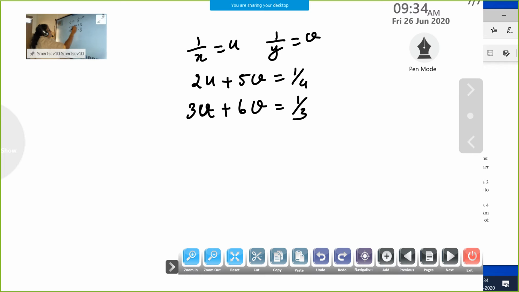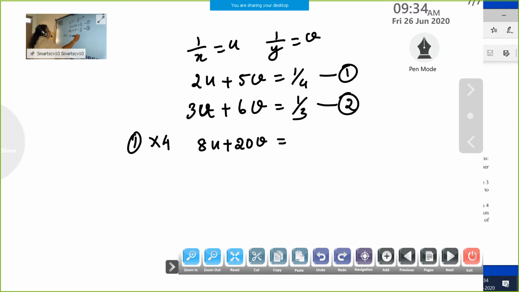Then multiply throughout equation number 1 by 4 and equation 2 by 3. Equation 1 into 4 is 8u plus 20v is equal to 1.